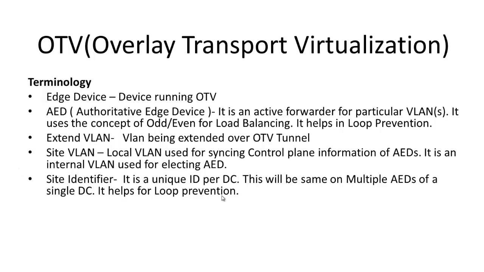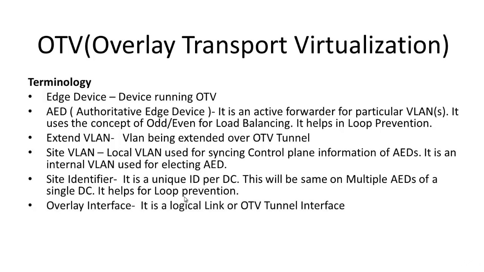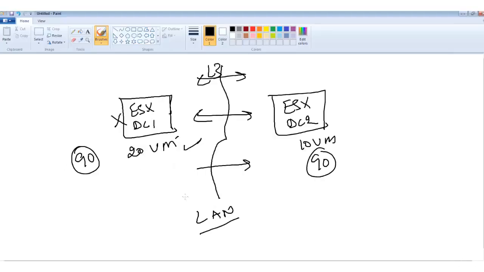So if you have 3 devices in your DC, all 3 should have the same site identifier number. However, it will be a unique ID per DC. If there are 5 DCs, every DC will have a unique ID. Overlay interface: the logical interface or OTV tunnel. Let me take you to this diagram.